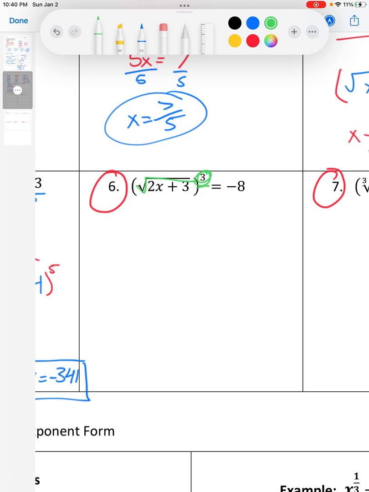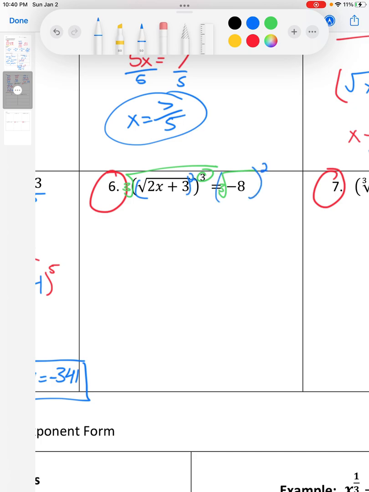So in order to get rid of this exponent on the outside, because remember we're always working outside in, we actually need to take the cube root on both sides to get rid of that first. Then we can square whatever we have left.